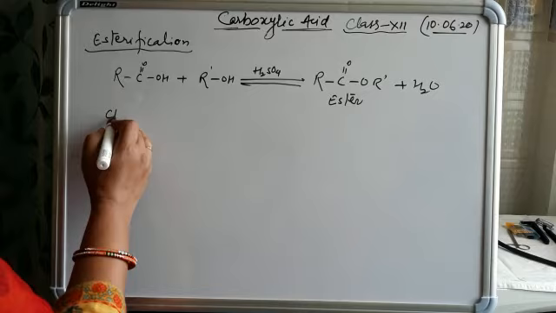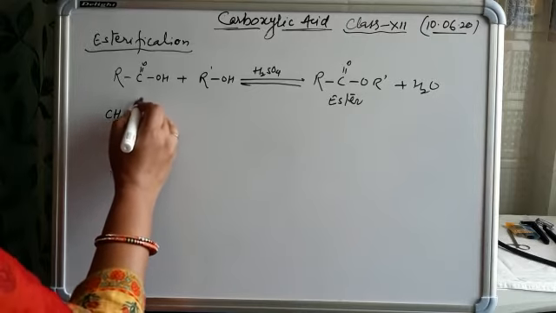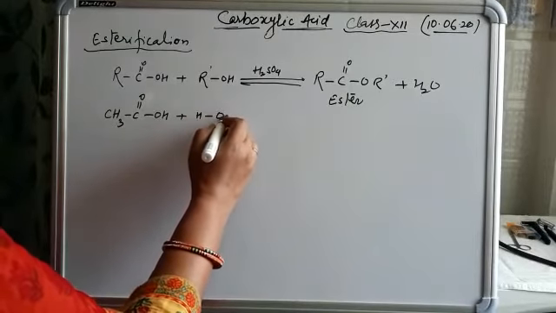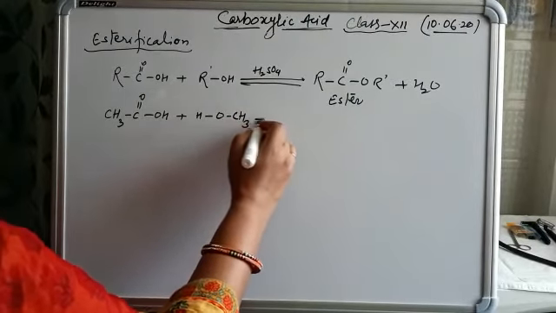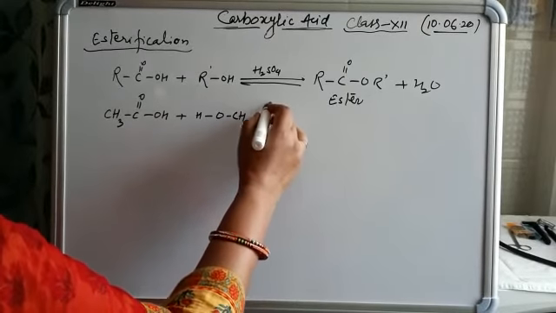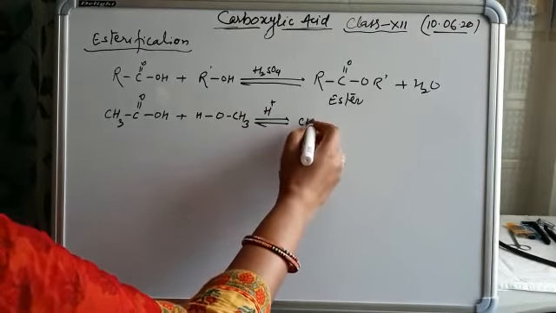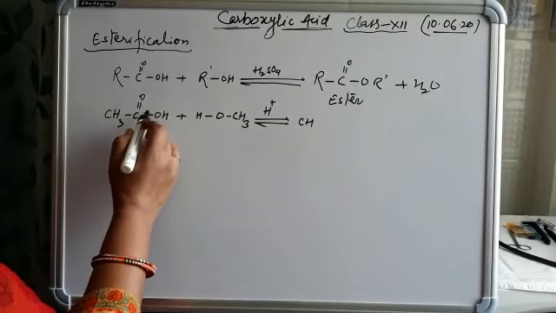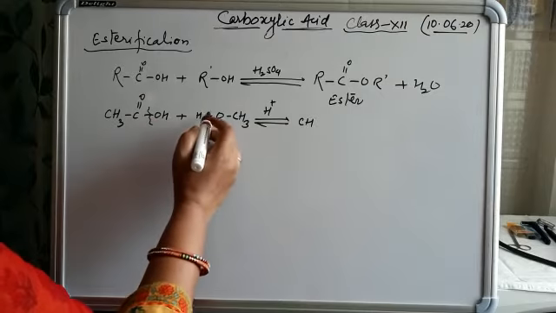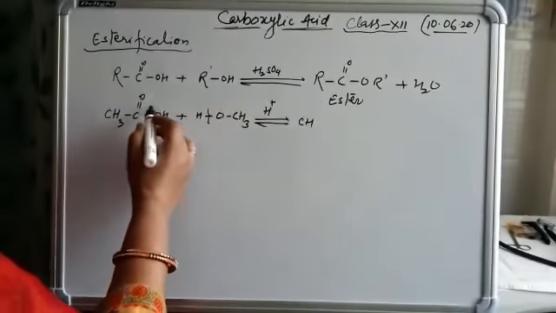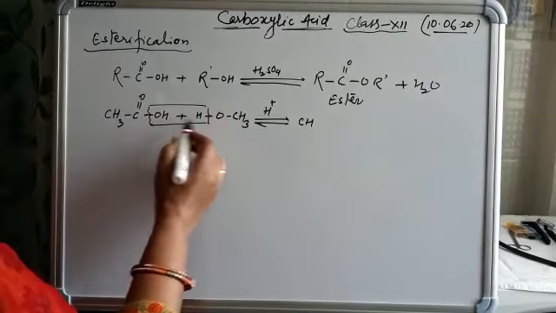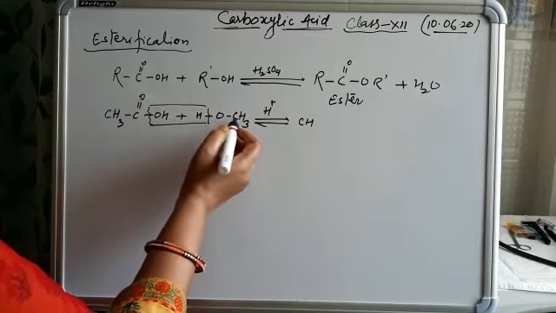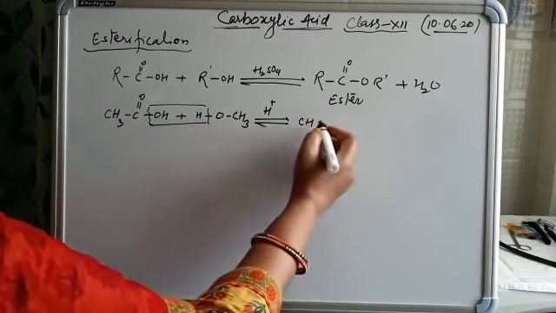For example, if we take CH3COOH plus methanol in presence of conc H2SO4, in this process acid always gives OH and H is released from alcohol. So the bond cleavage is between carbon and oxygen in the acid, and alcohol gives H plus ion.